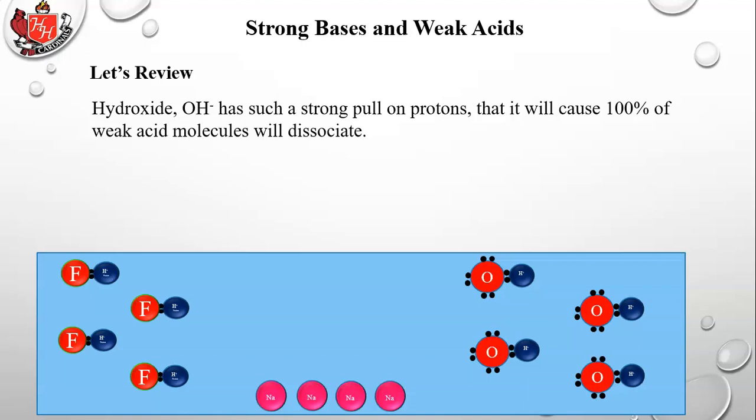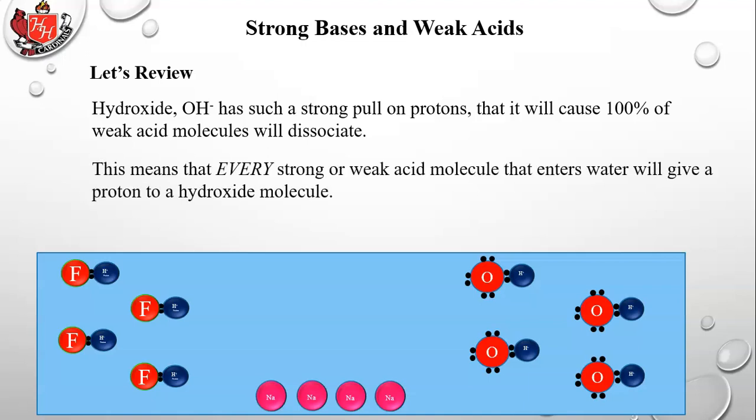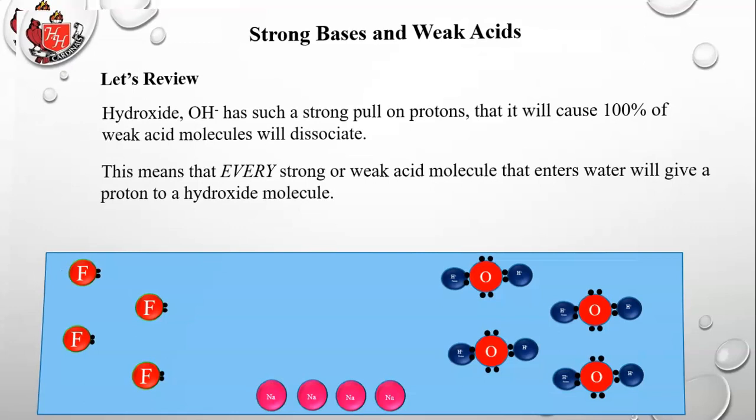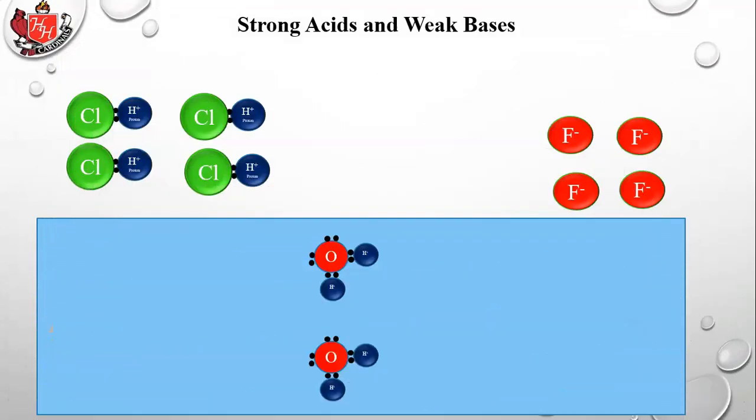That's the definition of a weak acid. But in the presence of a hydroxide, they will all dissociate. So this means that every strong or weak acid molecule that enters the water will give a proton to a hydroxide ion. Okay? So that was a weak acid with a strong base, with OH-.